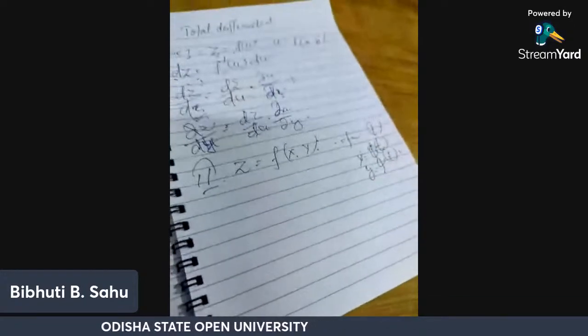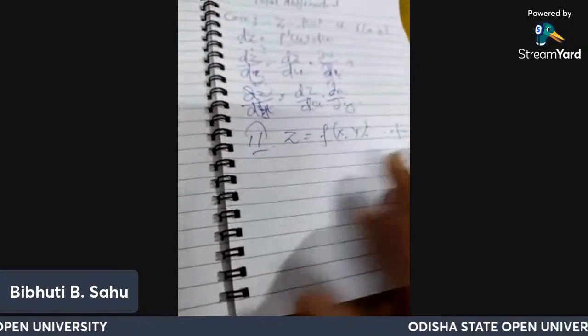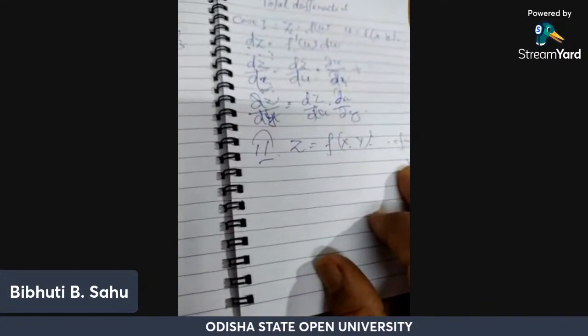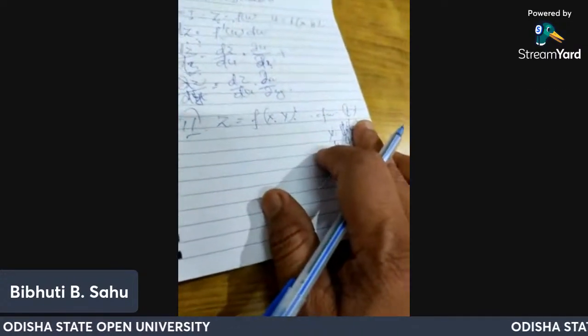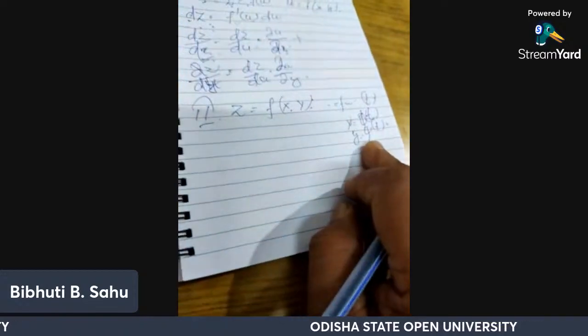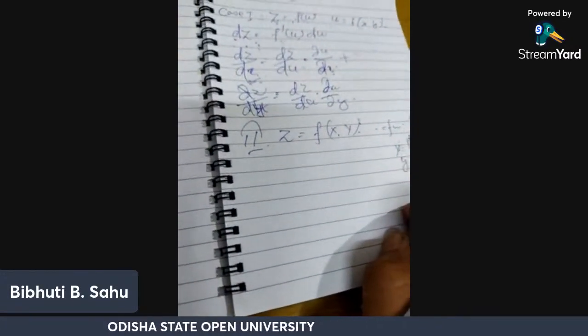In the second case, z is a function of x and y, and again x and y are functions of the independent variable t.